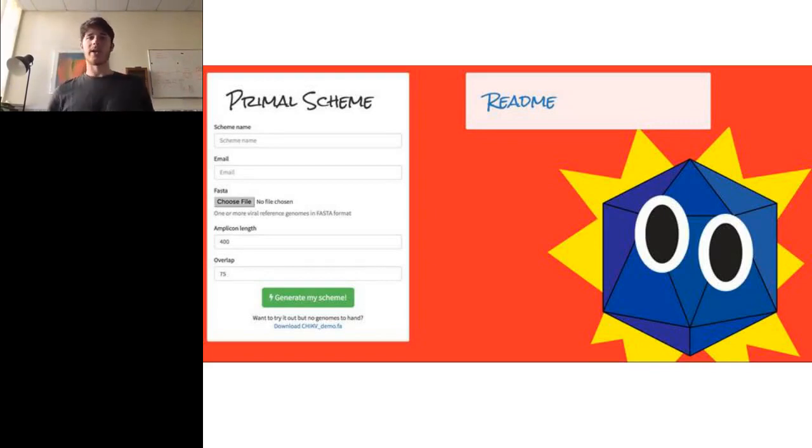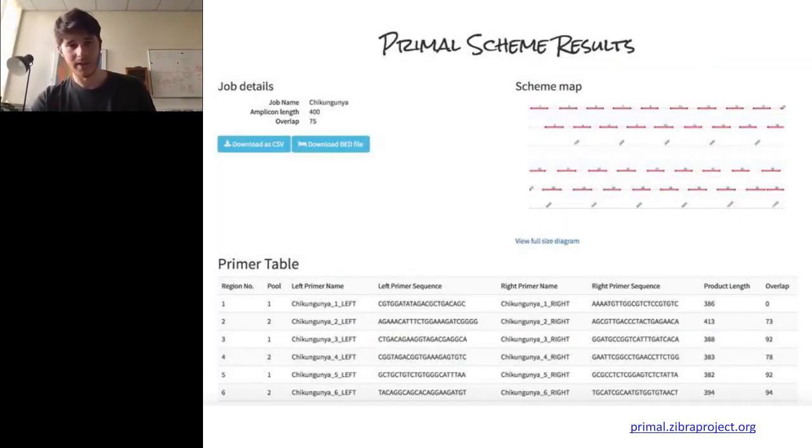So we ended up designing a website which I wrote called Primal Scheme, and the interface was made by Andrew Smith. This basically is a piece of software for designing primers for a viral genome, where the primers can be used in multiplex.